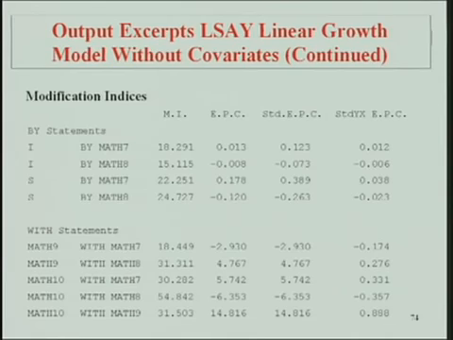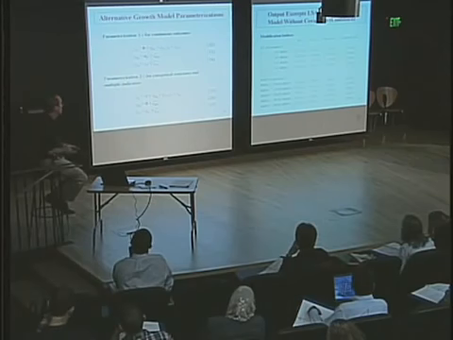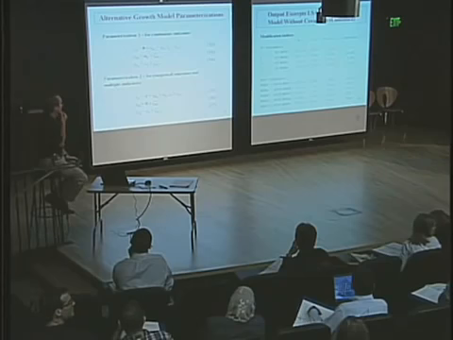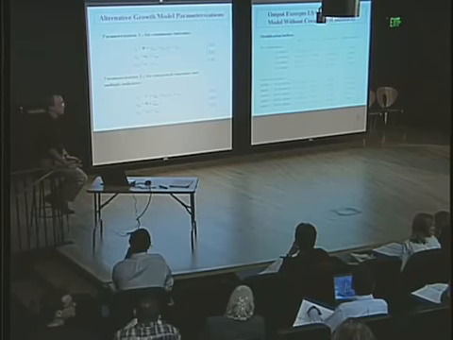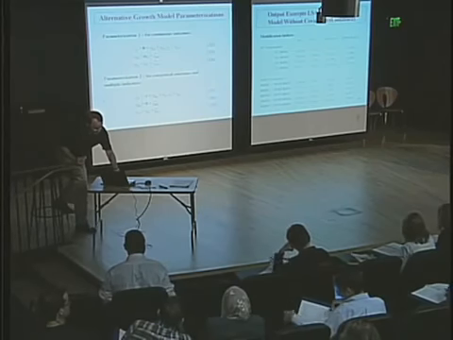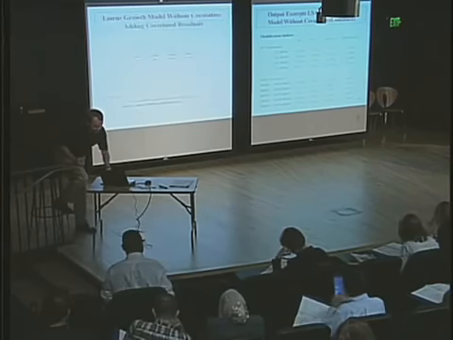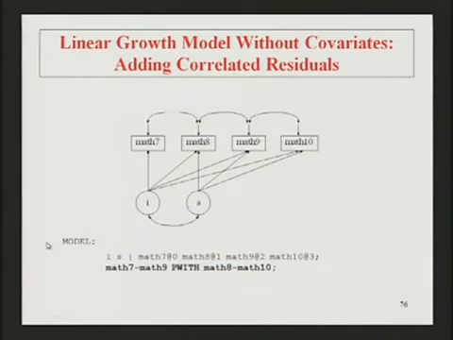Okay, yes? Slide 74 again, please. Yes, thanks. When you were talking about the residual covariances, I know the modification indices suggested putting them in. I meant slide 76, I'm sorry, on the picture. You mentioned conceptually that there might be some time-varying covariance for which you haven't accounted, so you might want to link them.